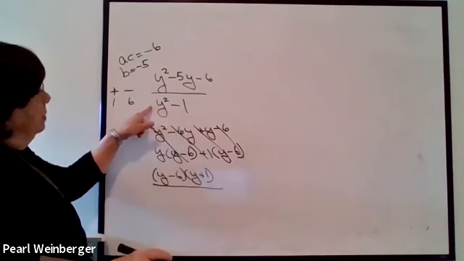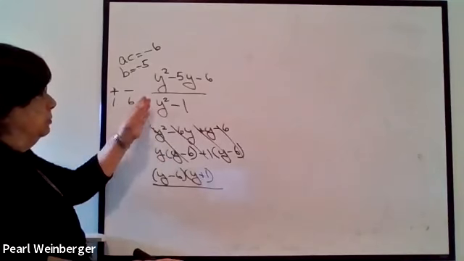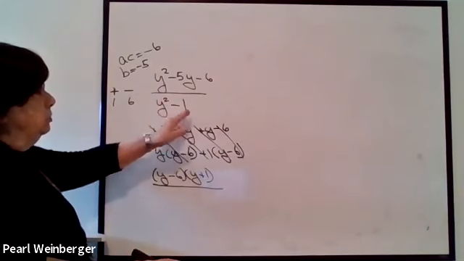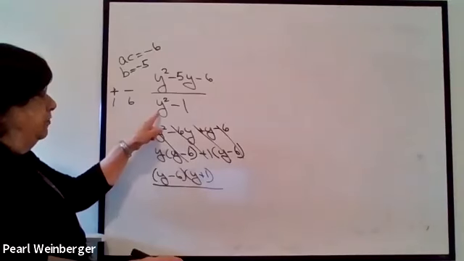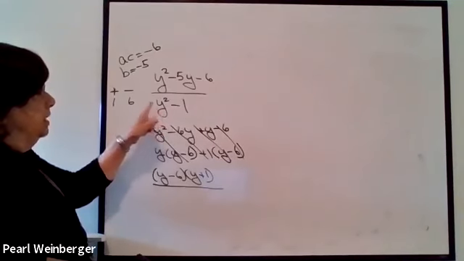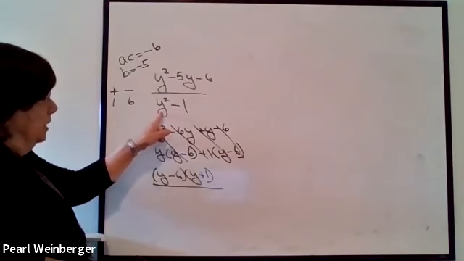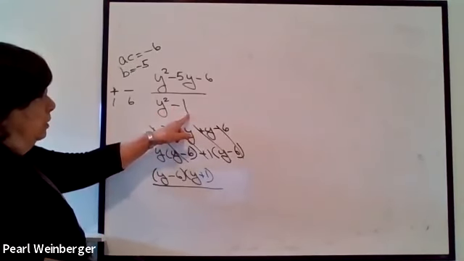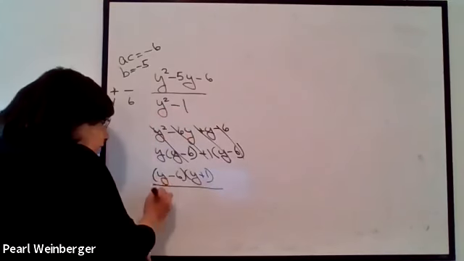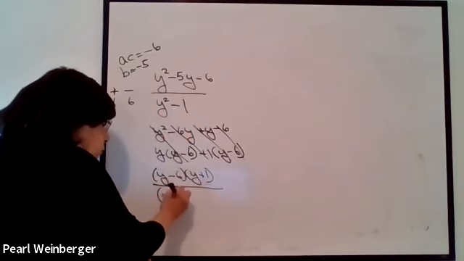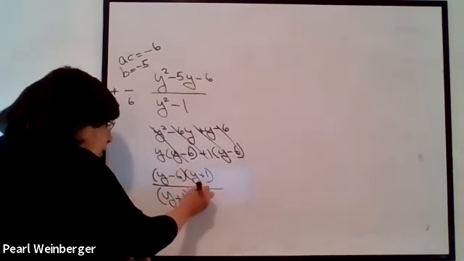My denominator, again, does not have a common factor, but since it's only 2 terms, the only possibility to factor it would be if this is what we call the difference of squares. And it is. This is y times y. This is 1 times 1. So I can factor that into (y plus 1) and (y minus 1).